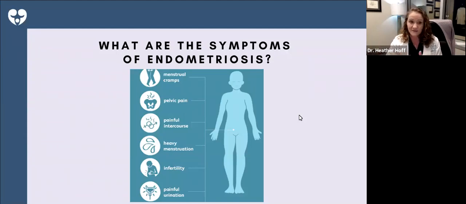Sometimes it is accompanied by low back or severe abdominal pain. It can be pain that radiates down both legs just due to the location of the endometriosis. This can be pain that happens all the time, not even around the menstrual cycle. Many women also experience pain either during or after sex or both.